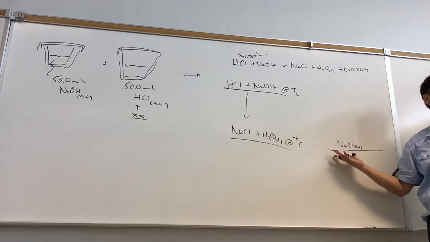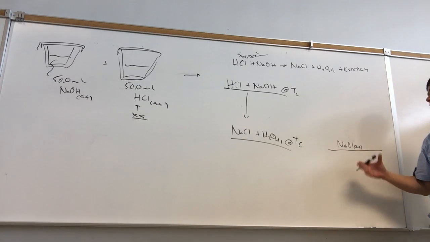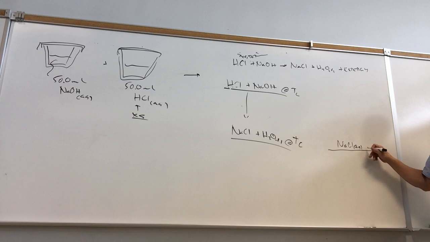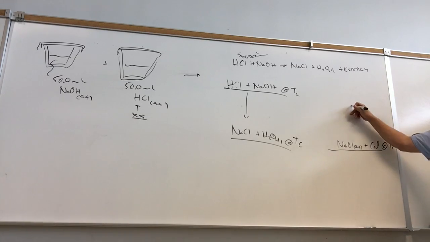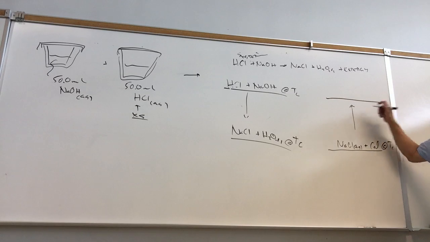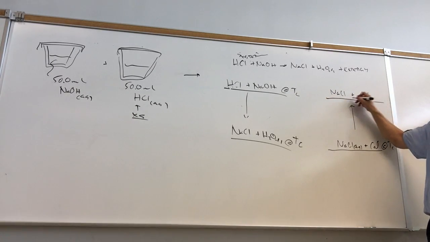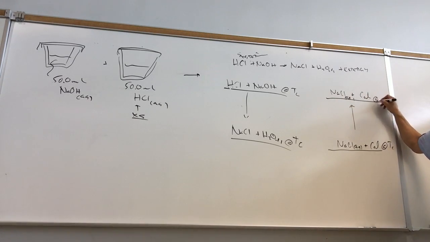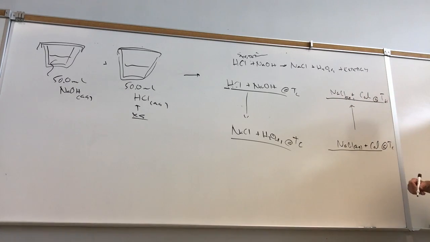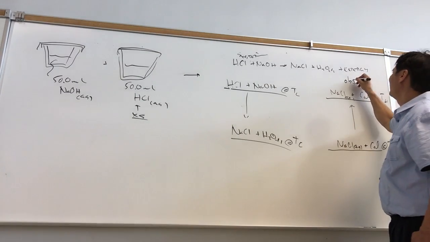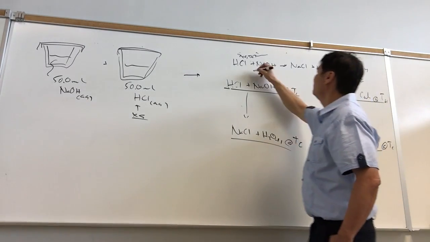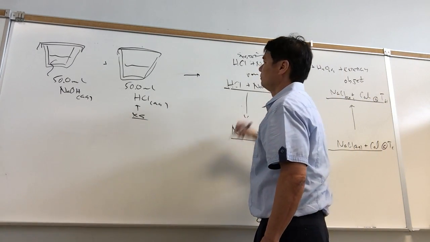The product does, right? Sodium chloride. And so the object now is going to be sodium chloride aqueous plus calorimeter at T cold, and this is going to warm up to sodium chloride plus calorimeter at T hot. And so this is an object. Our surroundings is an object. Our system is a reaction.